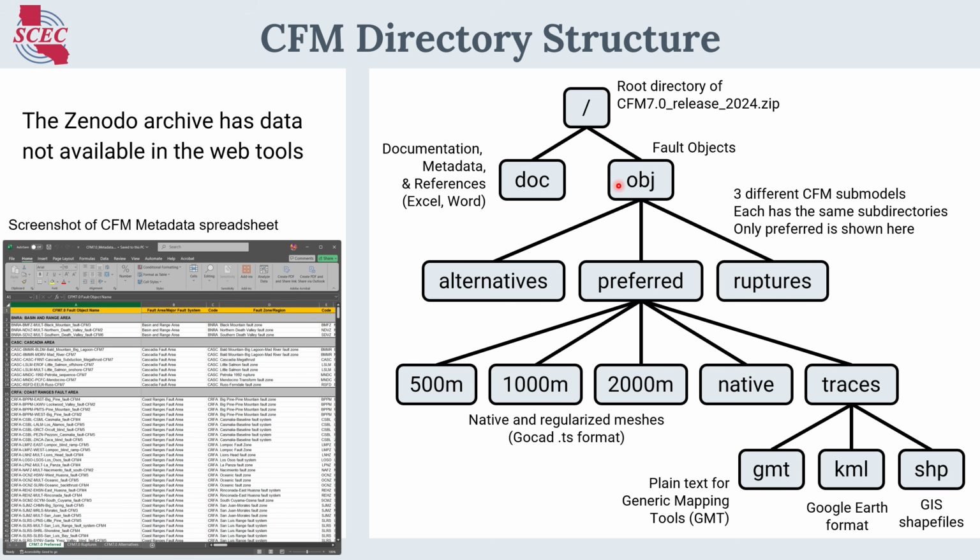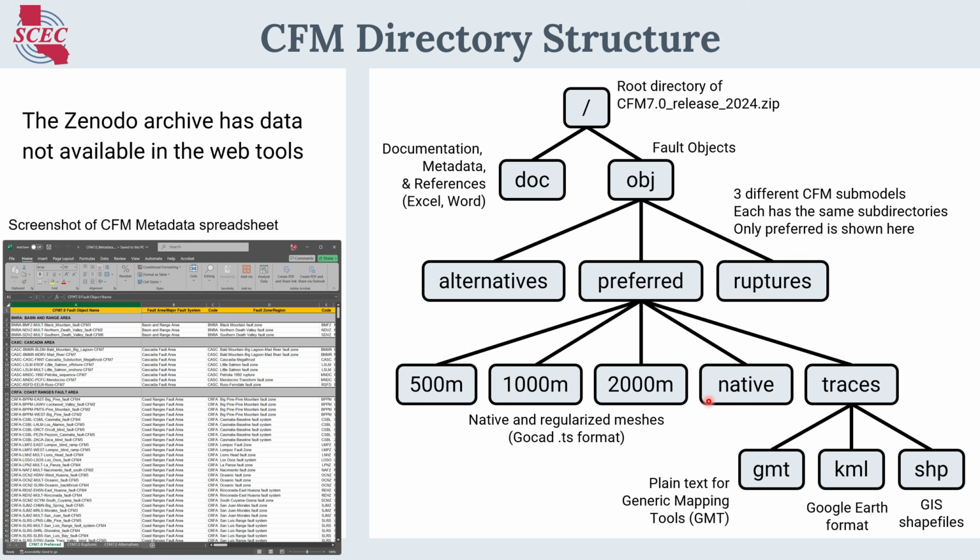The object folder has 3 subdirectories: alternatives, preferred, and ruptures. Each of these directories has all of these subdirectories, but the tree was going to get messy, so I'm just blowing up the preferred one here. We provide the model in 3-dimensional triangulated surfaces in 4 different resolutions. Native is how we build the model, where the mesh shows you where there's data and where there's not data.